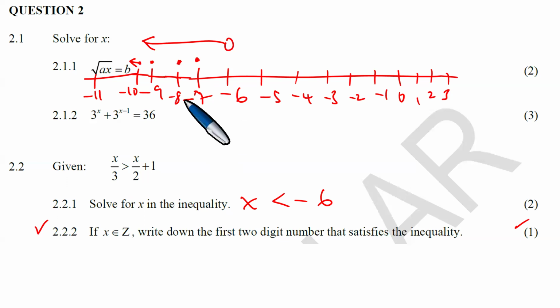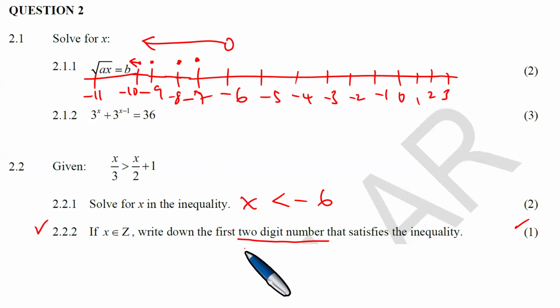Okay, so we need to pick one number here that is a two-digit number. Which one? Because now this is saying x less than -6. So numbers that satisfy the inequality are the ones where this arrow is pointing. -7 satisfies, but the problem with -7, it's not a two-digit number.